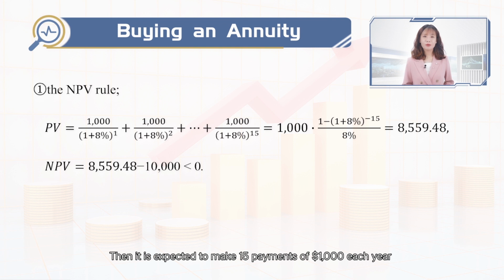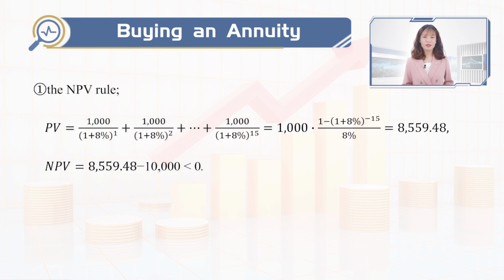Then it is expected to make 15 payments of $1,000 each year, starting at age 66 and ending at age 80. By the formula of PV for the ordinary annuity, the PV of these 15 payments at a discount rate of 8% per year is $8,559.48.